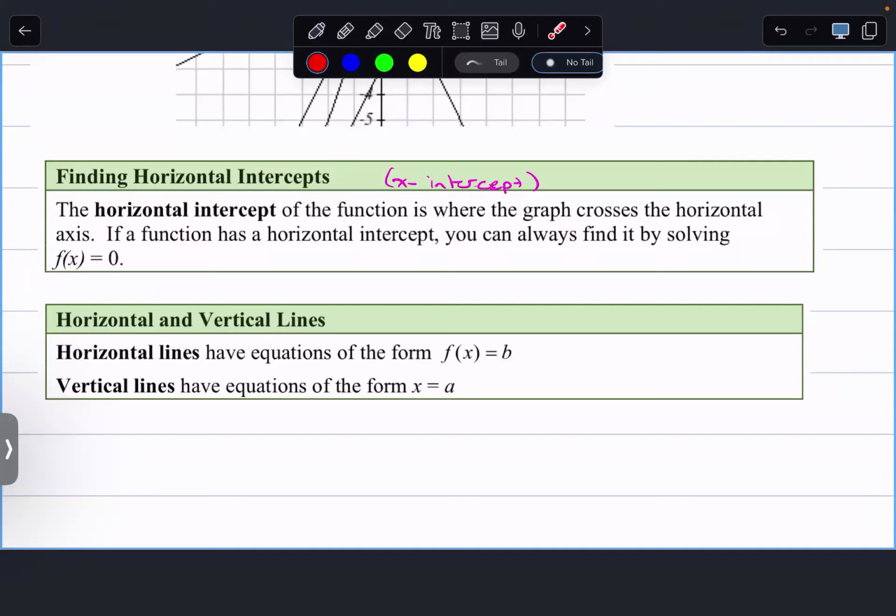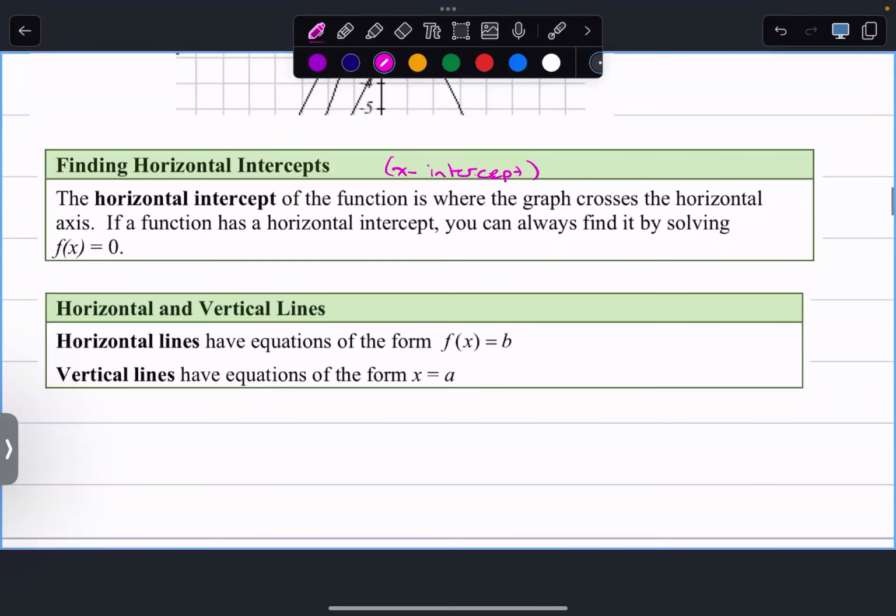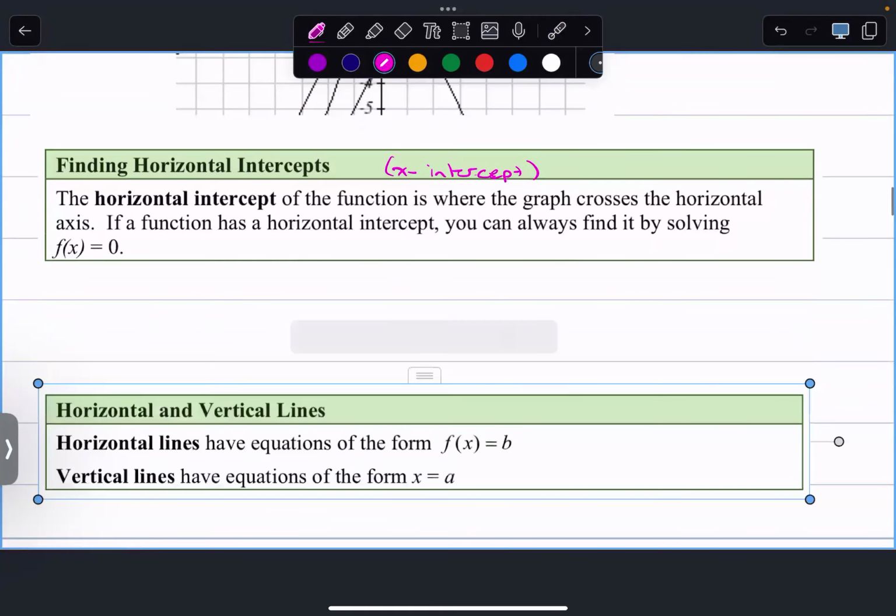By reverse definition, if the y-intercept is where x is 0, the x-intercept is where y is 0, right? So here, I'll give myself a little bit more room.